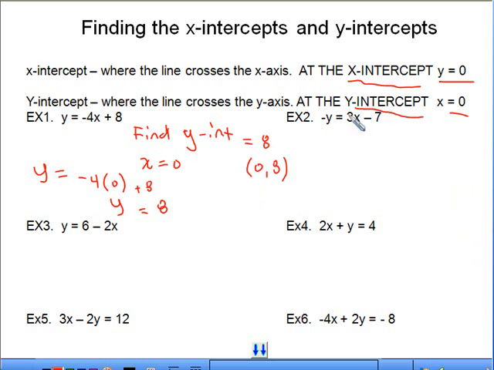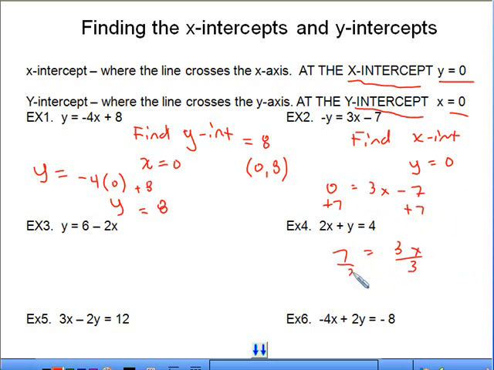Okay? Let's say for this example right here, you want to find the x-intercept. Well, for the x-intercept, we know y is equal to 0. So plug 0 in for y, so it'll be 0 is equal to 3x minus 7. Get x by itself, so add 7. You get 7 is equal to 3x.